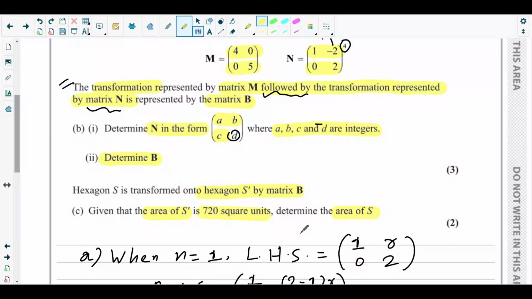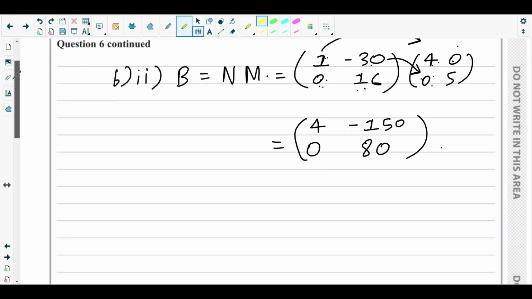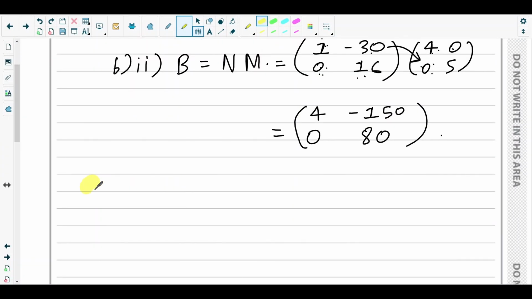As we transform a shape using a transformation matrix, the area is changed by the scale factor of the determinant. So we have to find the determinant of matrix B at first. Determinant of B is AD minus BC.